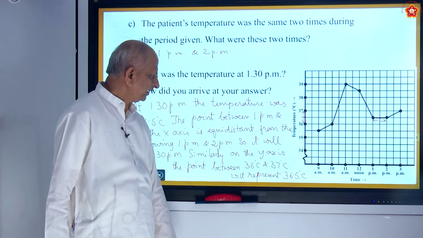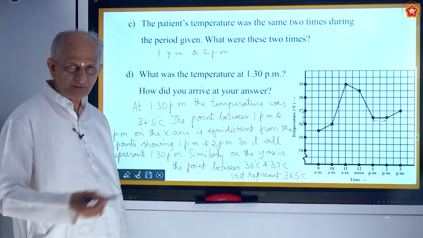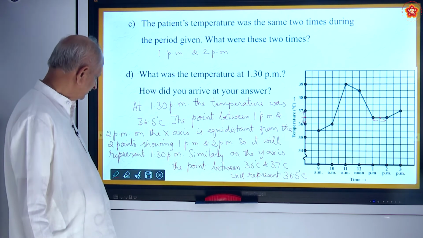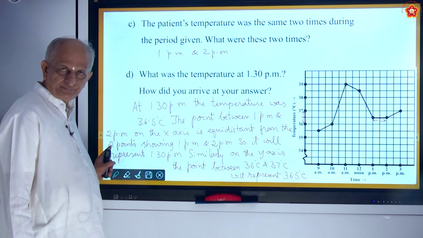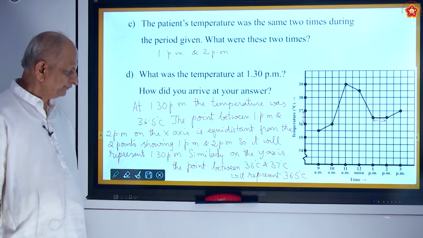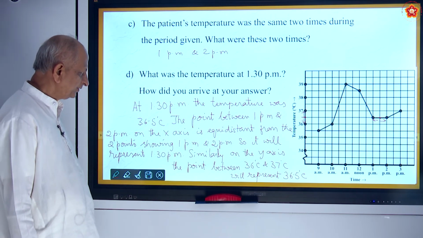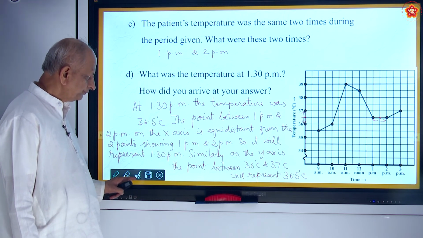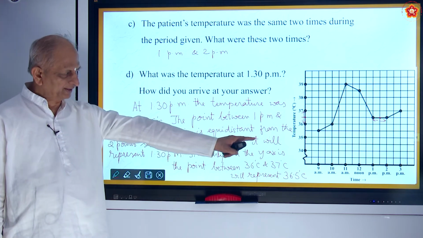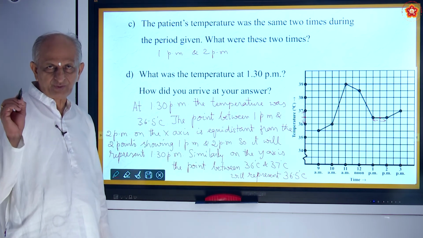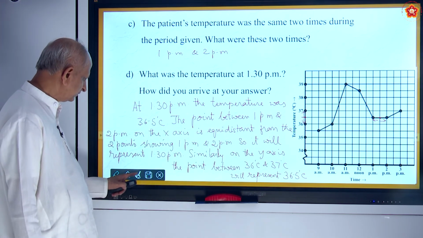That is why we call it 36.5. Note it down. Okay, can you see this? Shall we pass on to the next question? So you should note the point that they are equidistant on the x-axis also, and on the y-axis also. That is the answer for that.